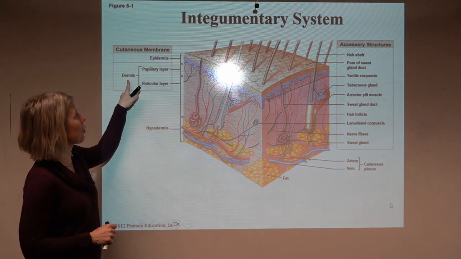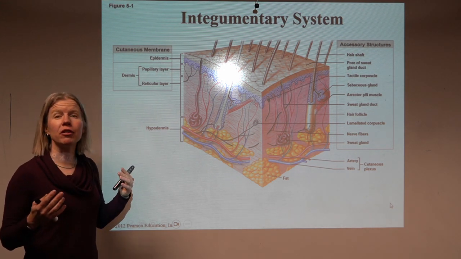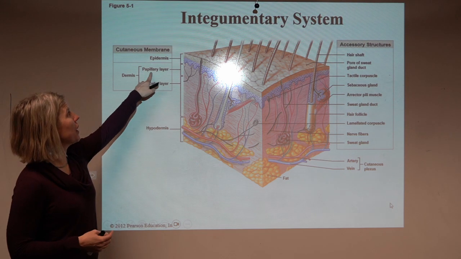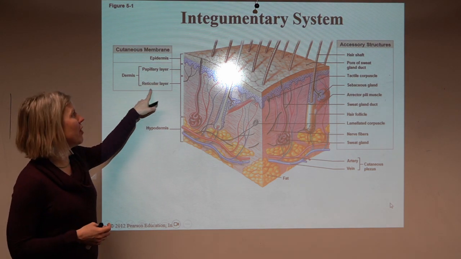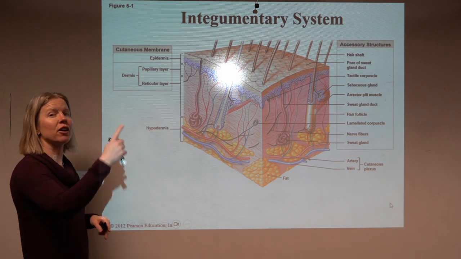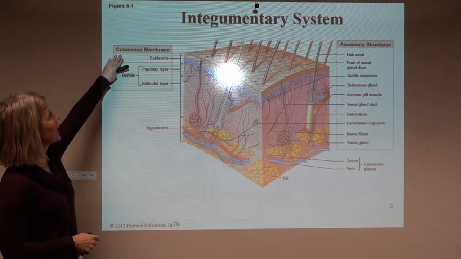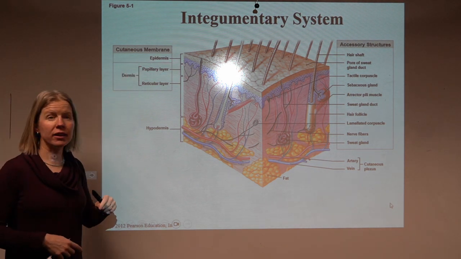That's going to make the epidermis. And then we talked about the deeper layers being made of connective tissue. We get some areolar connective tissue in this papillary layer, and then dense irregular connective tissue in the reticular layer. We'll come back to that, right? But you should recognize epidermis and dermis as that epithelium and connective tissue.